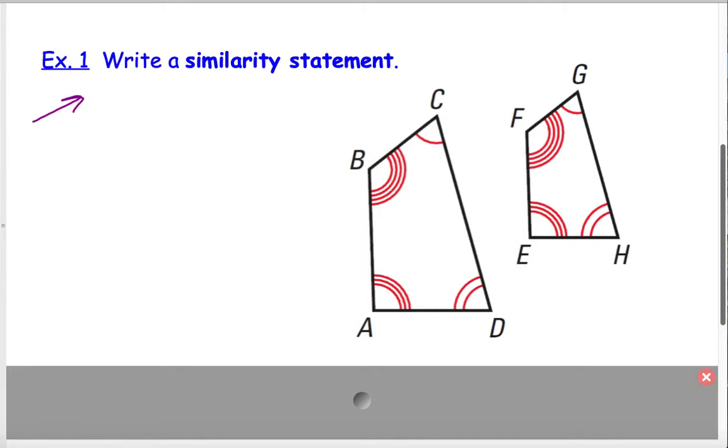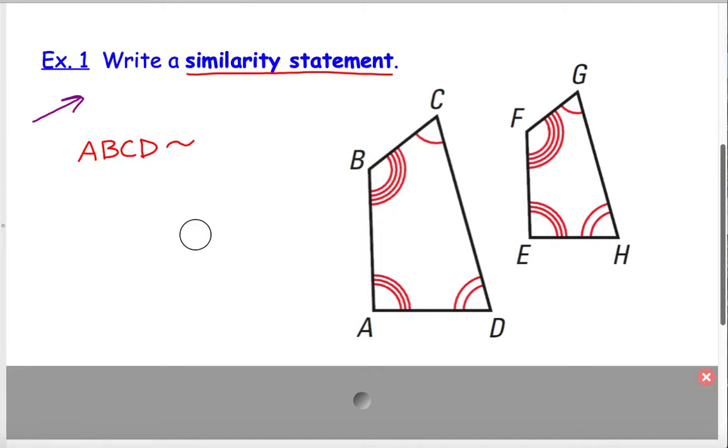Now, how do we write a similarity statement? Start with the first picture. Usually we go left to right, but it actually doesn't matter. But I'll start with the first figure, and what if I decided to go alphabetically? A, B, C, and D. That's going to be similar. Now remember, when things were congruent, we use that symbol.